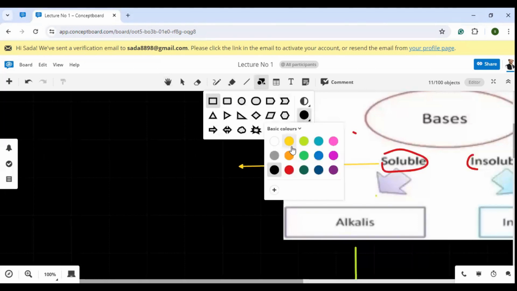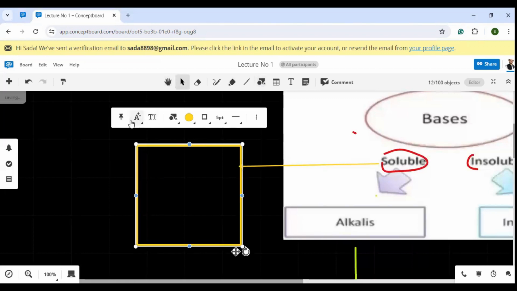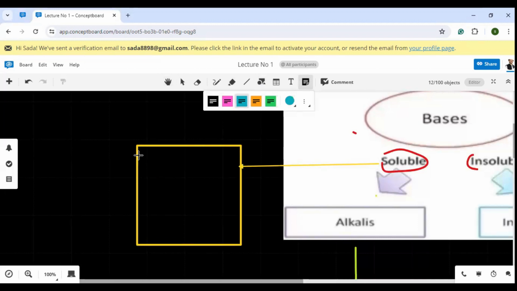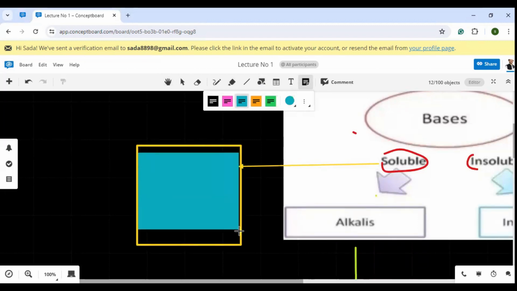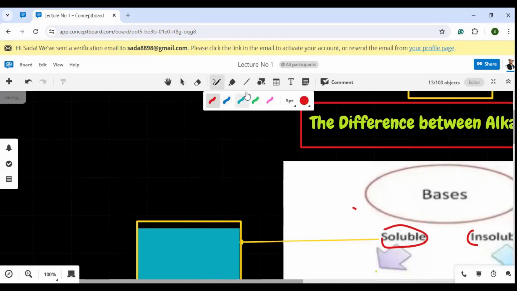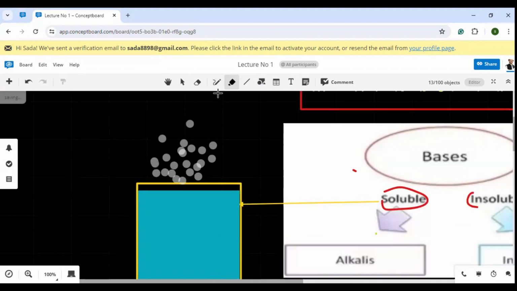When we add a solute, for example salt, let's suppose these represent the salt particles, and then we stir, we get a solution.